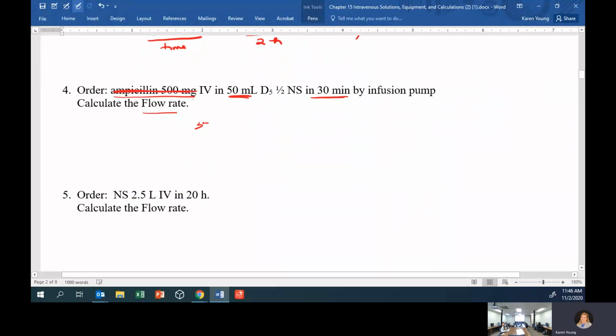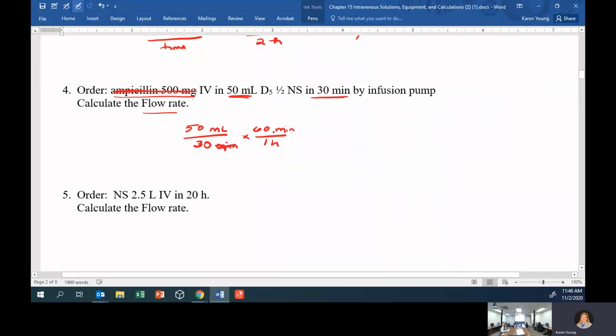So it's my total number of milliliters, or my amount, my 50 milliliters over my 30 minutes. And then since it's in minutes, I'm going to convert 60 minutes to 1 hour.